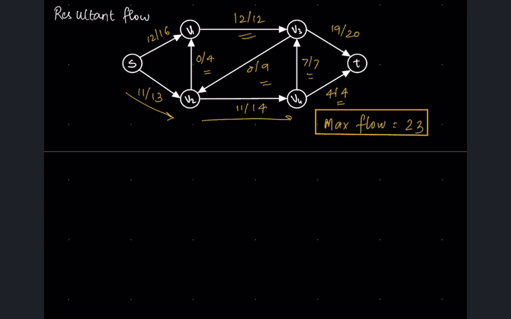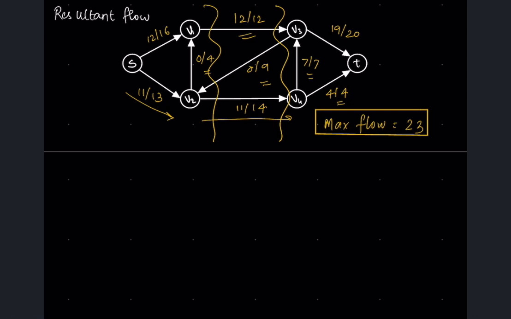And with this, we can associate the max flow min cut theorem, which says that if we do not have any augmented paths left, then we have reached the maximum flow for the particular graph. So let us try to perform the minimum cuts that could happen.